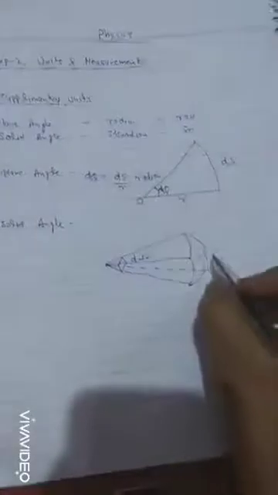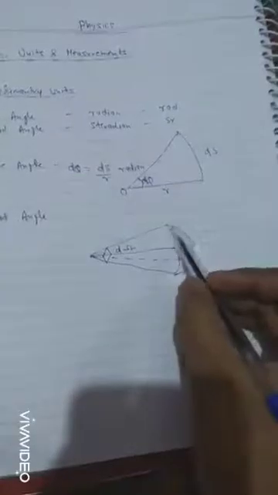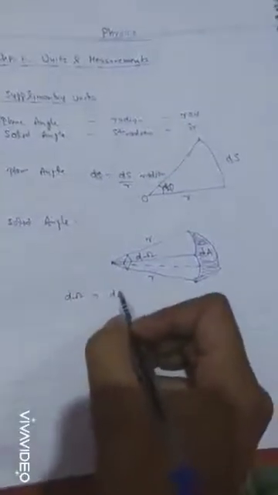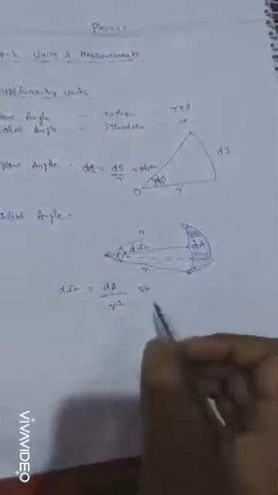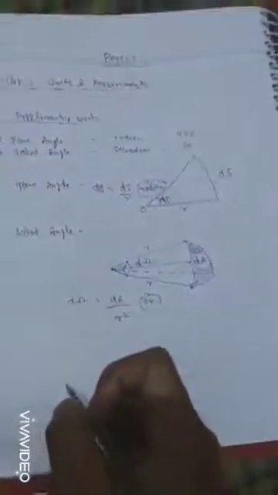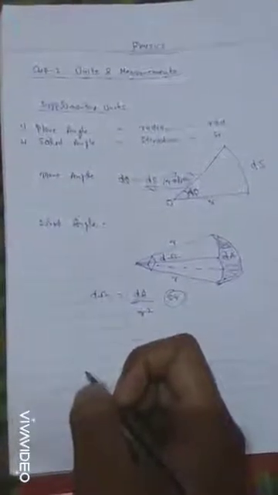So we have to find this angle, and this is dA, that means the area. This is the area that we have to find out, and this is the radius. So the solid angle will be dA by r square, and the unit is sr. So through this you can find plane angle and solid angle. I hope I am clear with you.